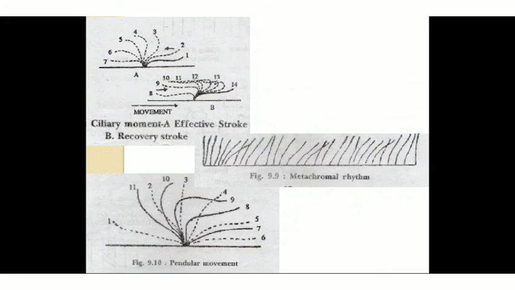So students, we have studied the structure of cilia and the locomotion in the paramecium. This locomotion is not caused without the kinetosome.